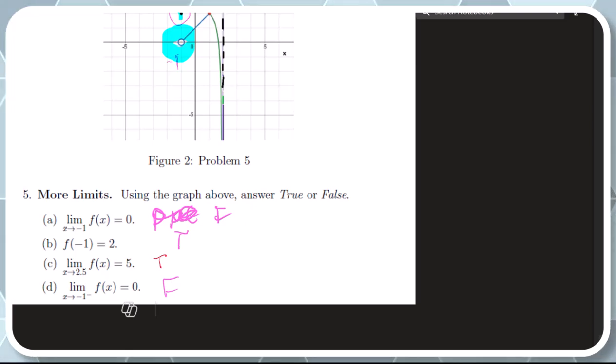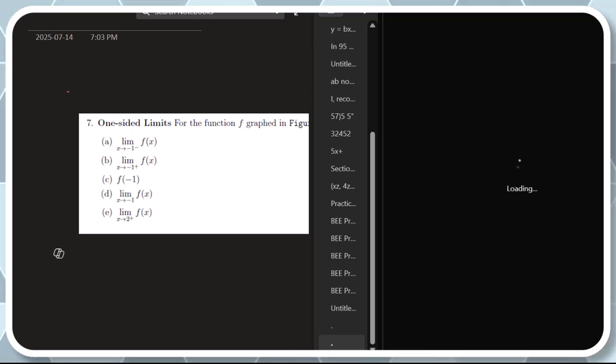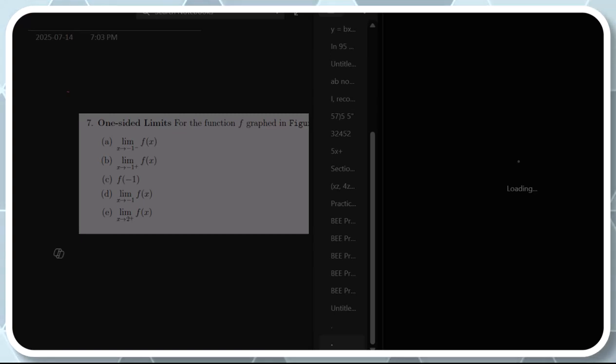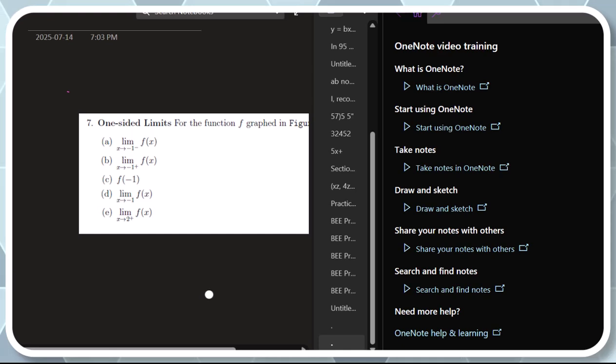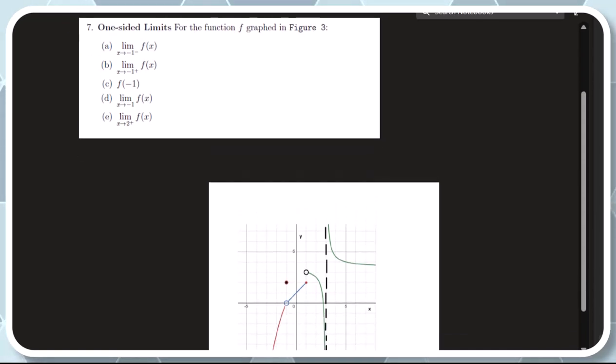Okay, and then the last one. Okay, so here we have some more one-sided limits.